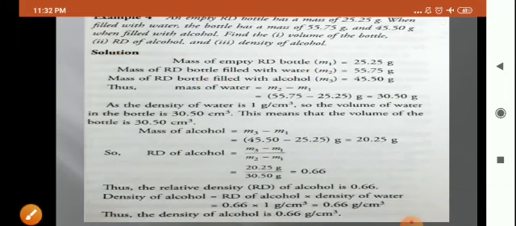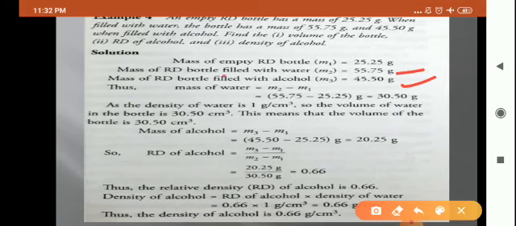Then again the mass of bottle plus alcohol, that is 45.50. So these two, M2 and M3, are the combined masses. Here it is the combined mass of bottle plus water, and here it is the combined mass of bottle plus alcohol. Alcohol is your unknown liquid, or here it is already known that it is alcohol.